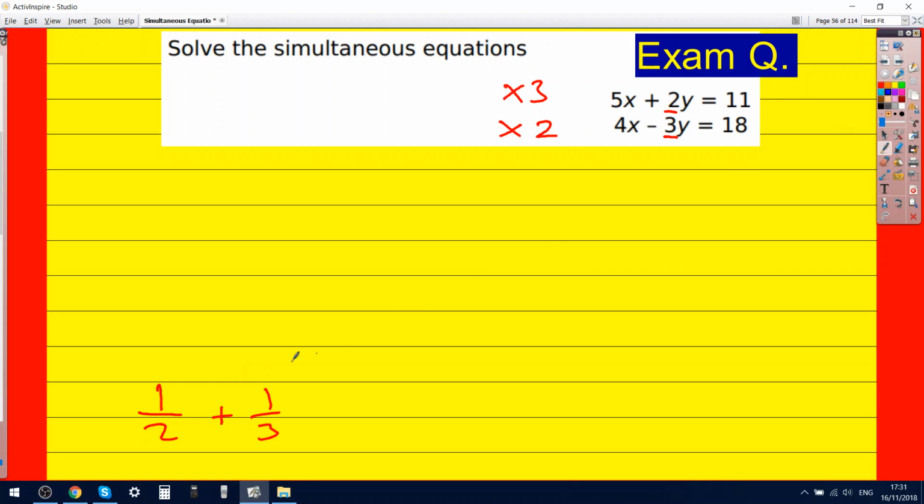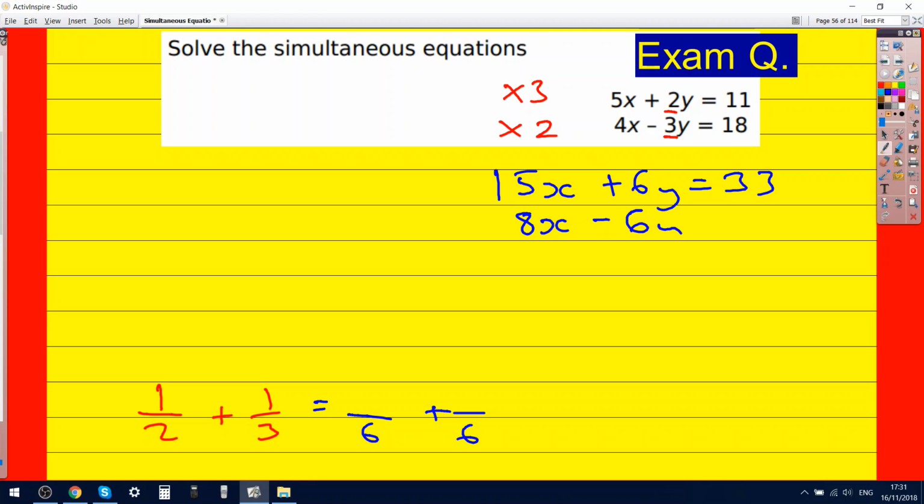So the first one becomes 15x plus 6y equals 33, and then 8x minus 6y equals 36. Now we have the y's the same.